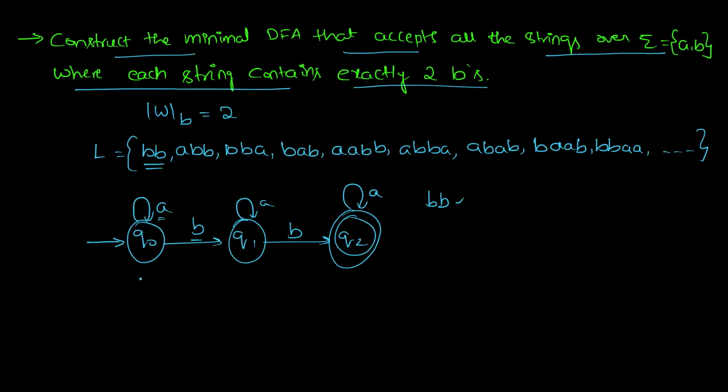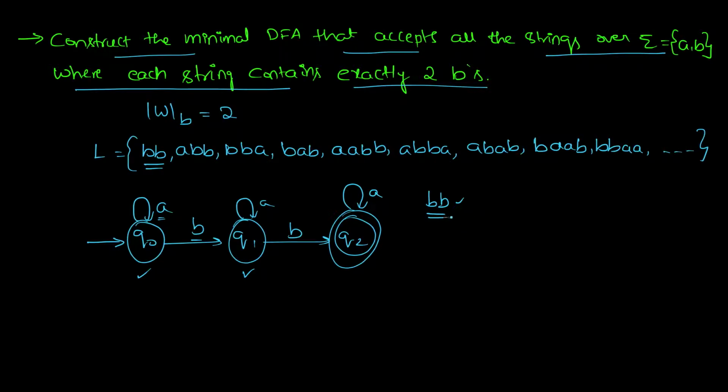We can see that Q0 is complete, Q1 is complete, and Q2 is not complete. So what if we have a B at Q2? If we have a B at Q2, we will have at least 3 B's. So how did we reach Q2?